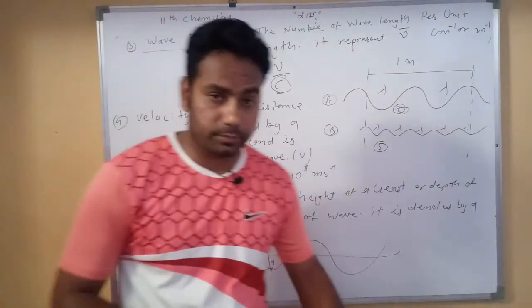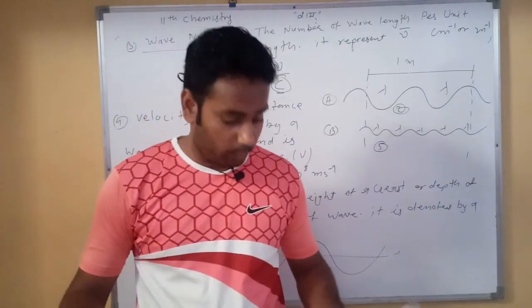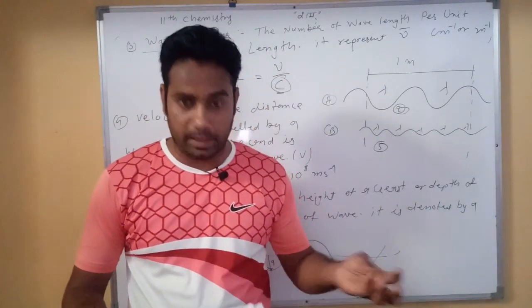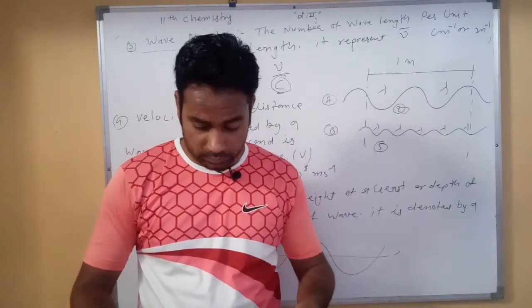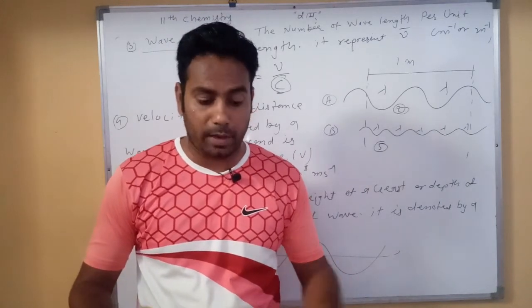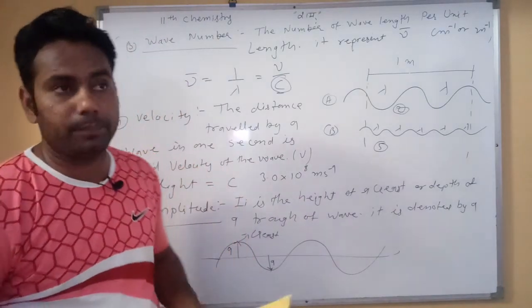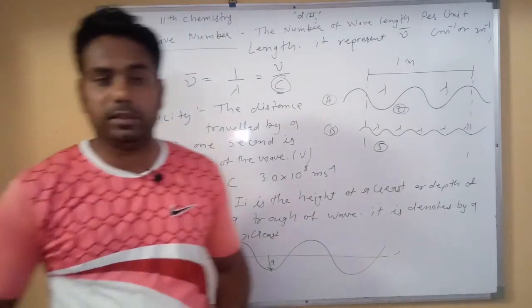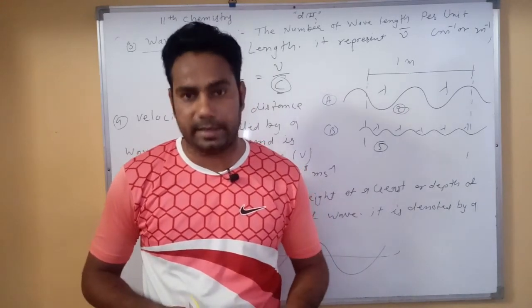Okay, the definitions we mentioned: wavelength lambda, frequency mu, wave number mu bar, velocity, then amplitude A. All these definitions are helpful for understanding electromagnetic radiation.